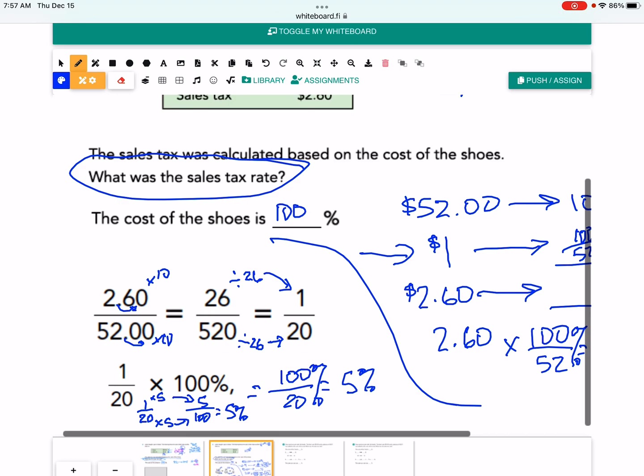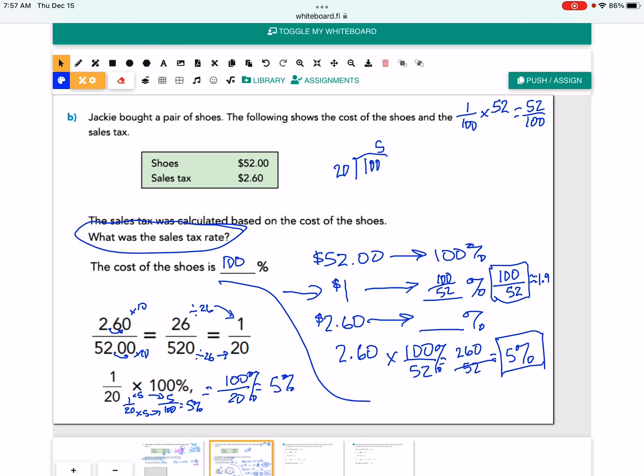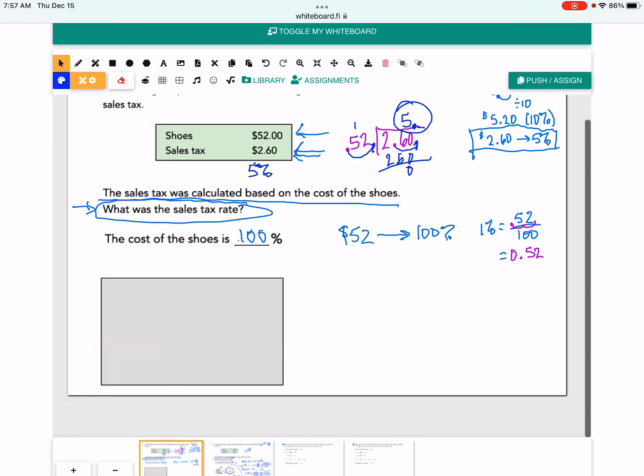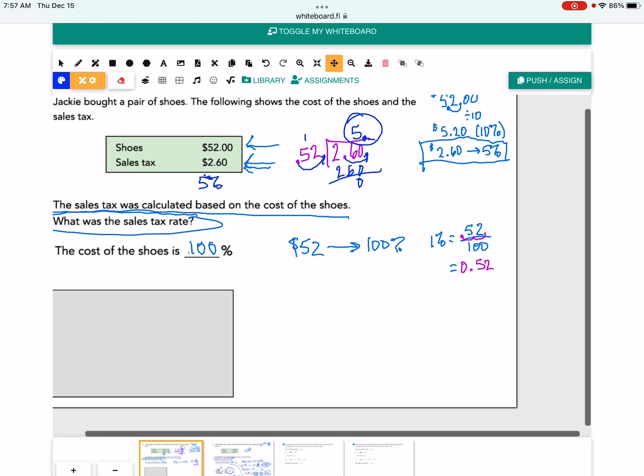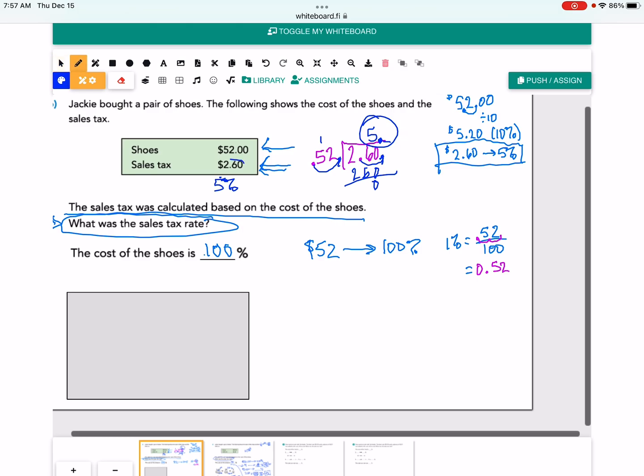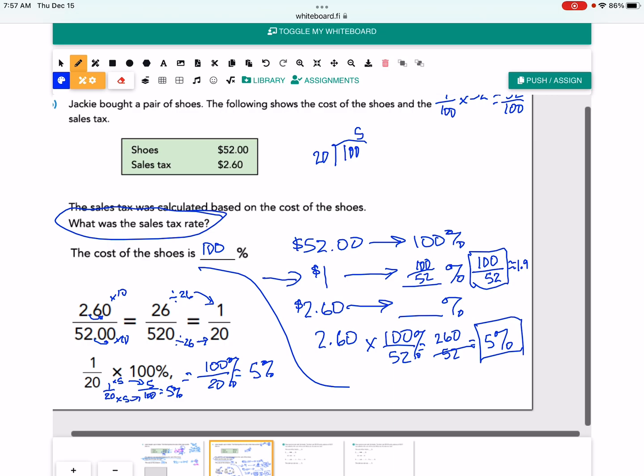Okay, so these are several different ways to do it that you have now been taught. You can figure out 1% like we did on the first page and divide your sales tax by 1%, which will give you the fact that it's 5% in this case. Or you can figure out how many percents a dollar is and multiply it by your sales tax down here and figure out that it's 5%.